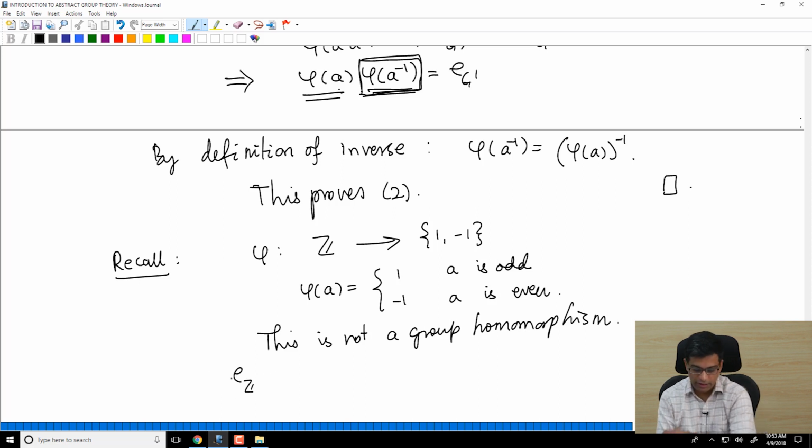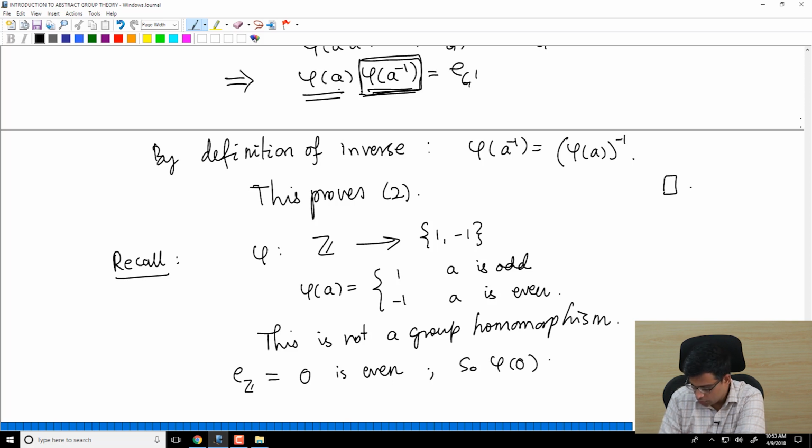This is my notation: e is always the identity element and I denote the group by the subscript. Z is a group under addition, so the identity element is 0. And 0 is even, so under this map, phi of 0 is minus 1, because even numbers go to minus 1.